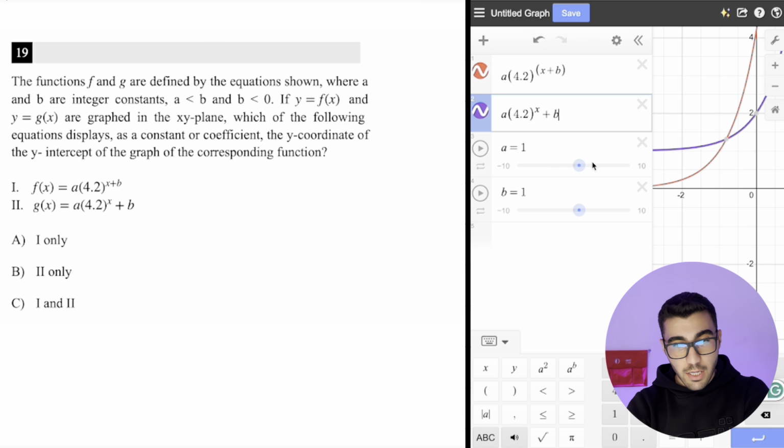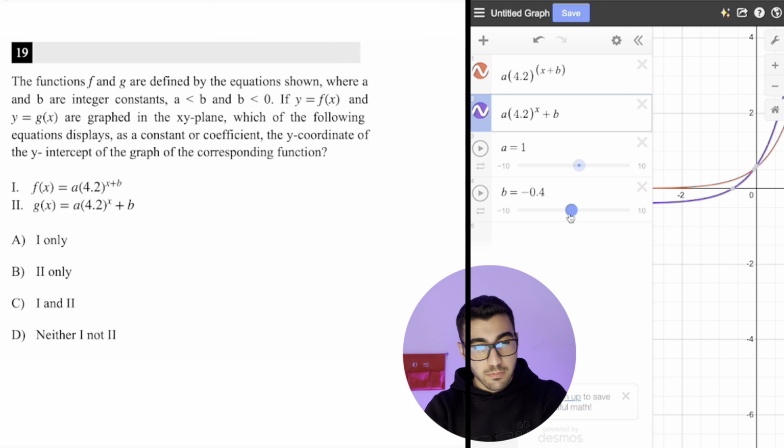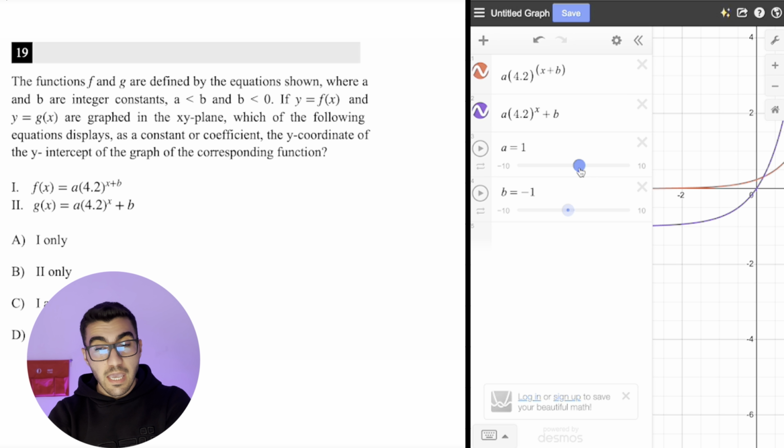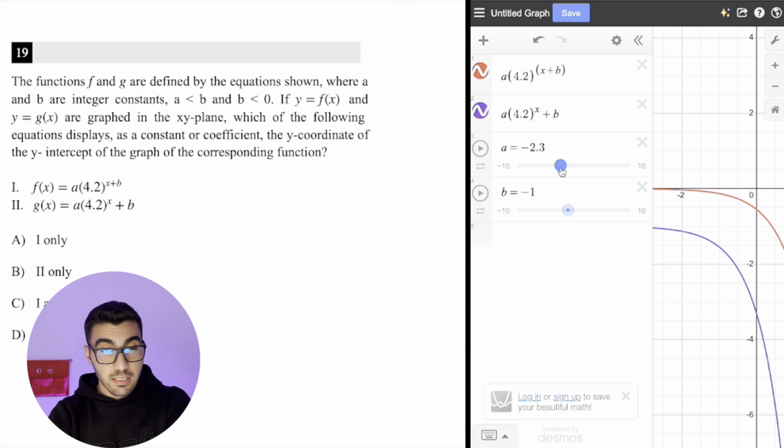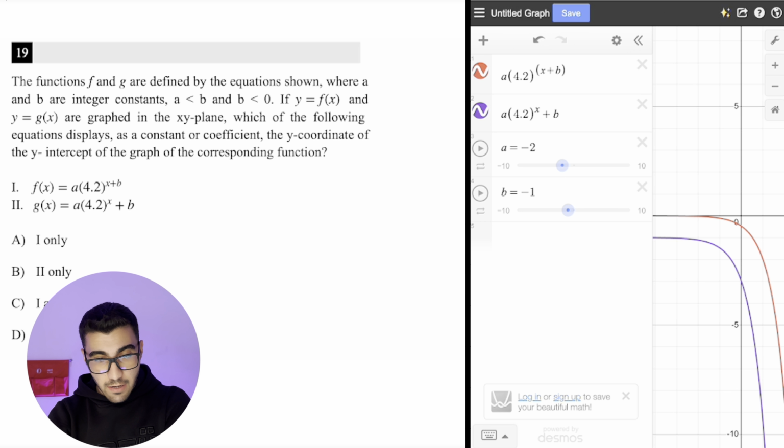This is the second one. Now the question said a is less than b and b is less than 0. So let's say b is negative, so let's put -1 here, and a is less than b, so a can be less than -1, so -2 for a. That's it.